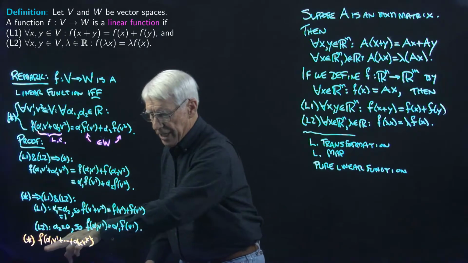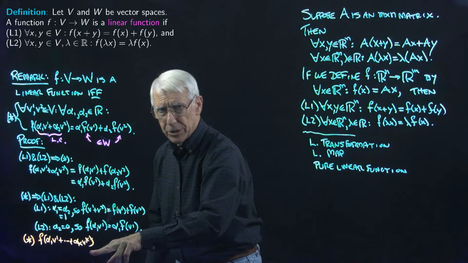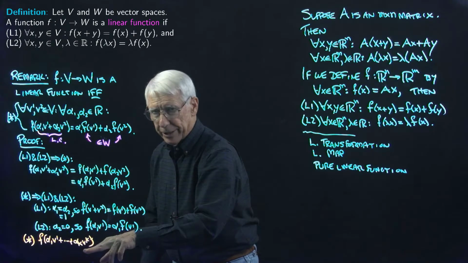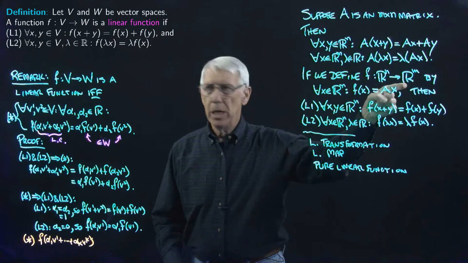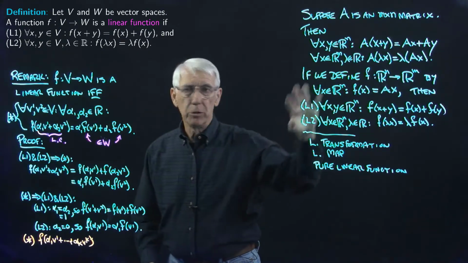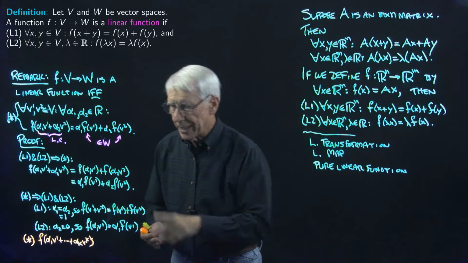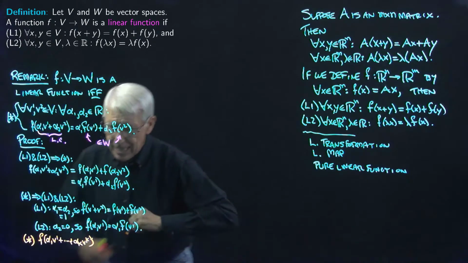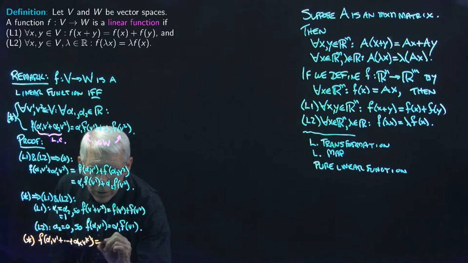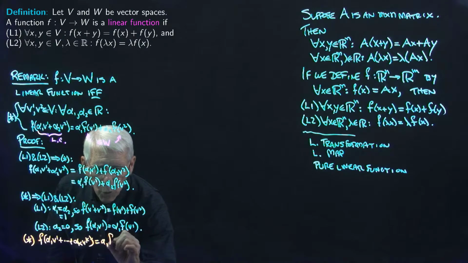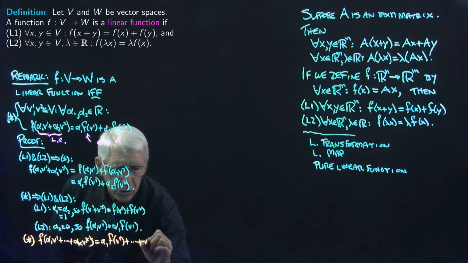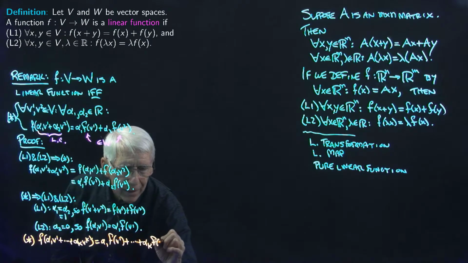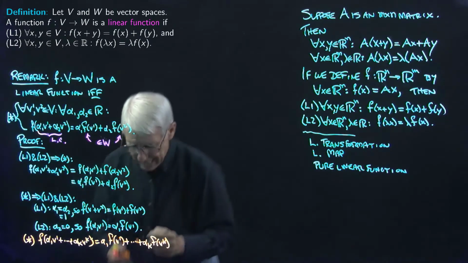This is just the number of vectors for which I'm taking a linear combination. I don't want that to be confused with the dimension of either V or W if they happen to be Euclidean spaces. And so this would be alpha 1 f of v1 plus out to alpha K f of vK.